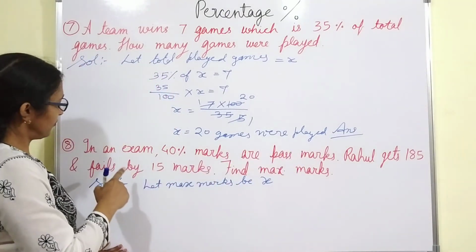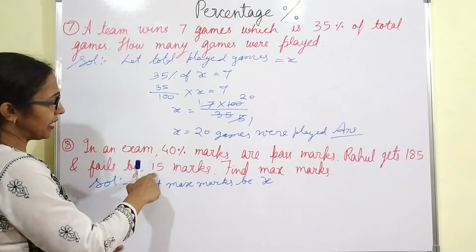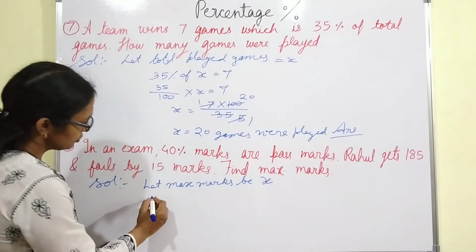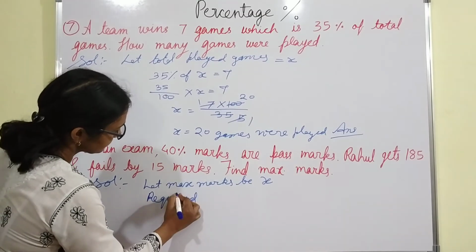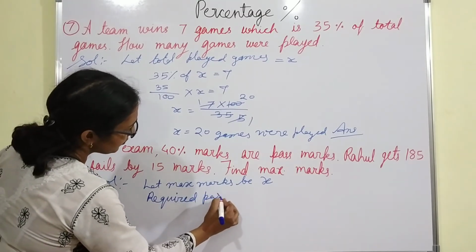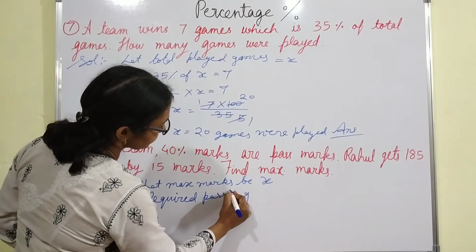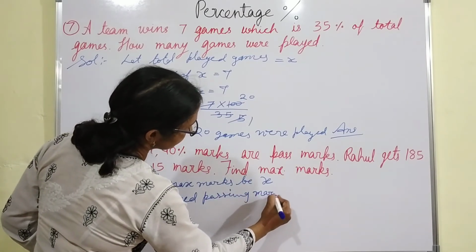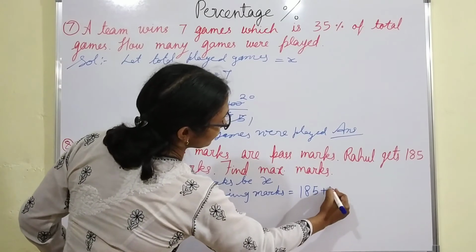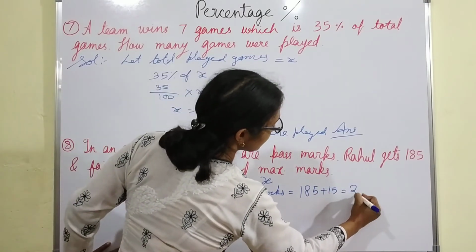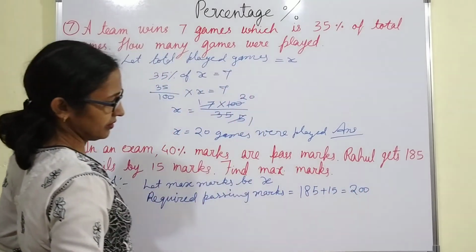He gets 185 marks and failed by 15 marks. So the required passing marks are 185 plus 15, that is 200.